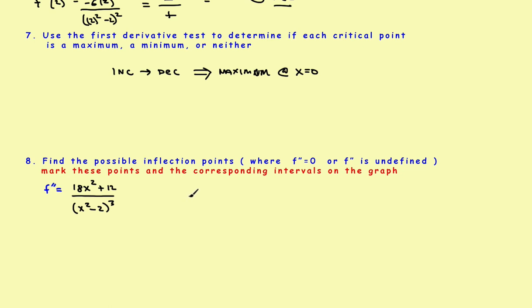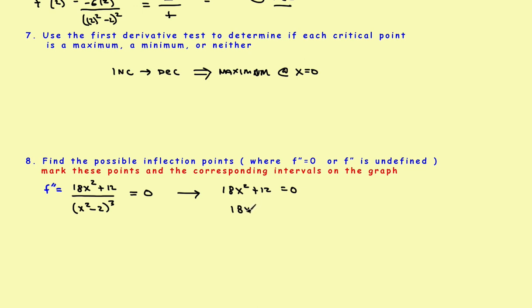Now, set the second derivative equal to 0 and solve for x. Again, you've got a fraction equal to 0. The only way a fraction can be equal to 0 is if the numerator is equal to 0. So forget about the denominator and just look at the numerator. That gives you 18x squared plus 12 has to be equal to 0.